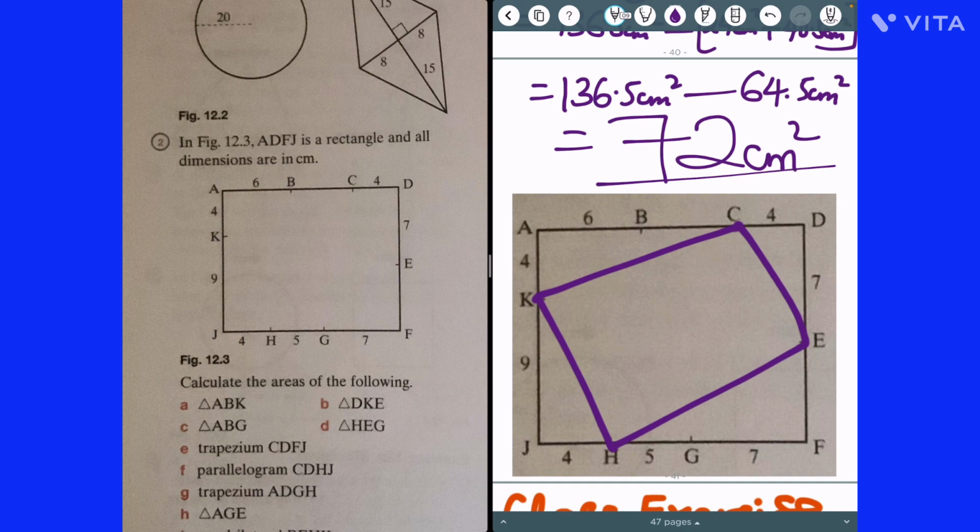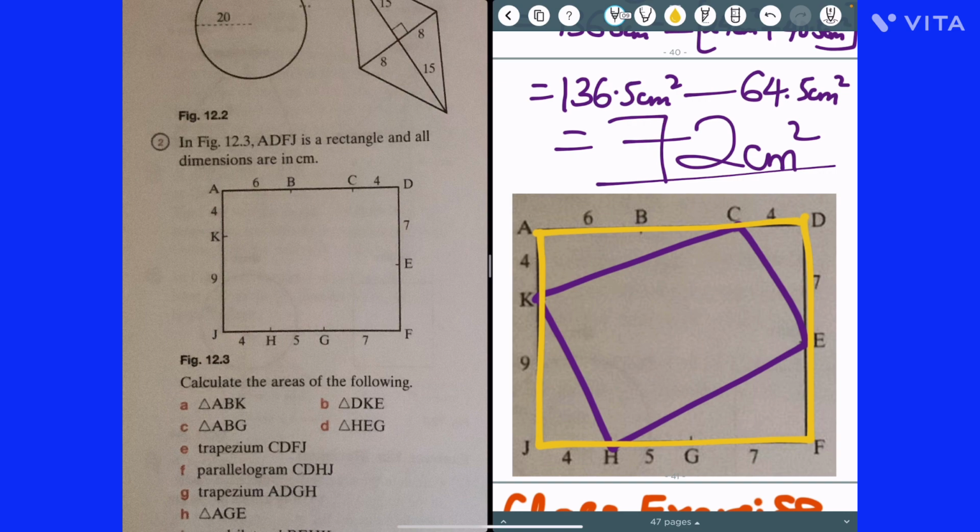So this one is a very simple question too. All I need is to find the area of the full rectangle, you understand? And subtract the area of these triangles from it. This one, A, B, C, D. That will give me the area of quadrilateral CKHE.